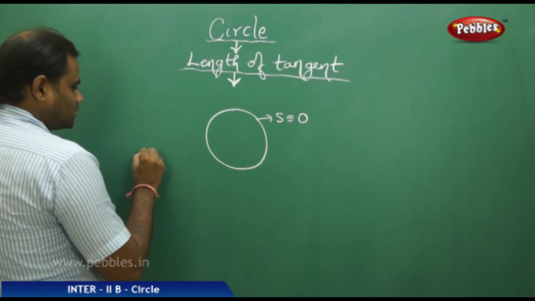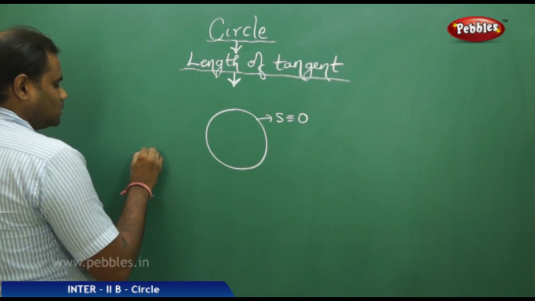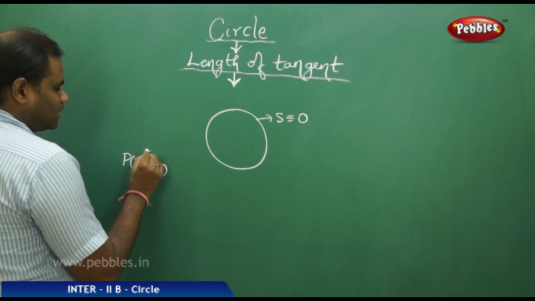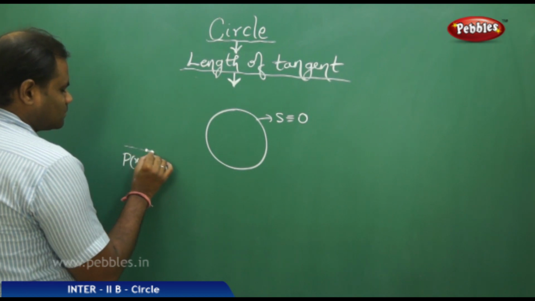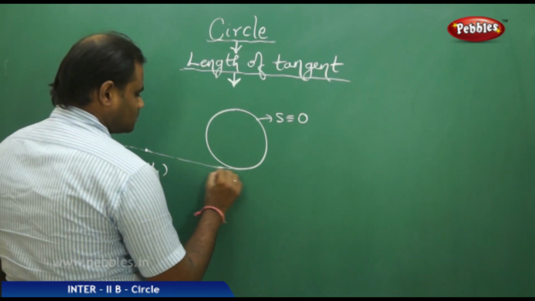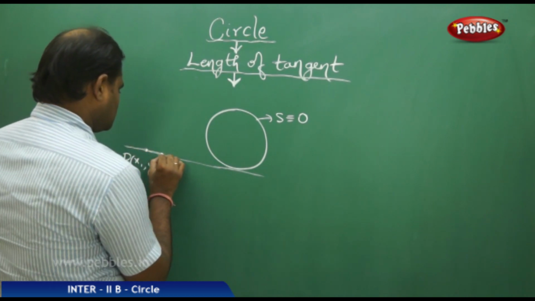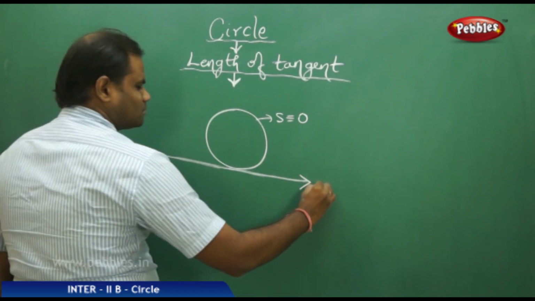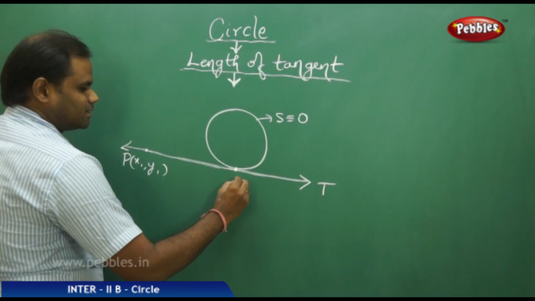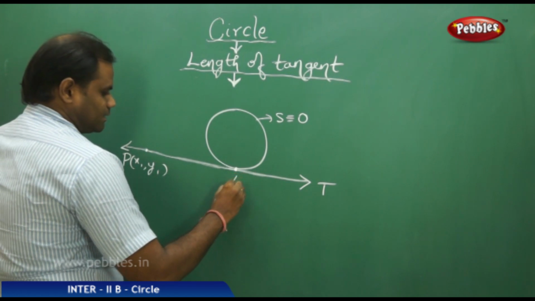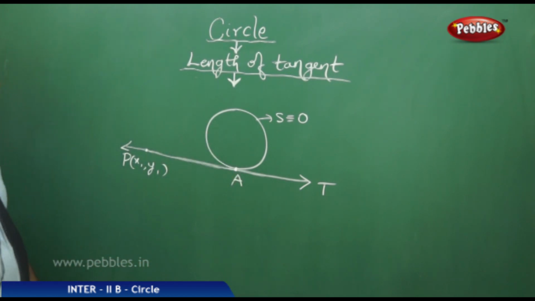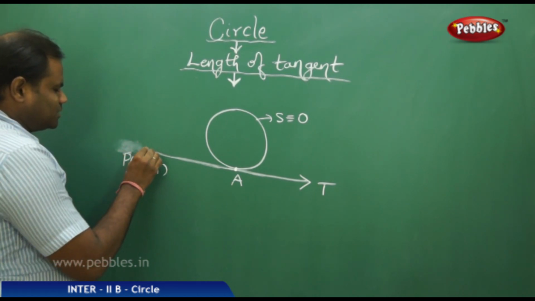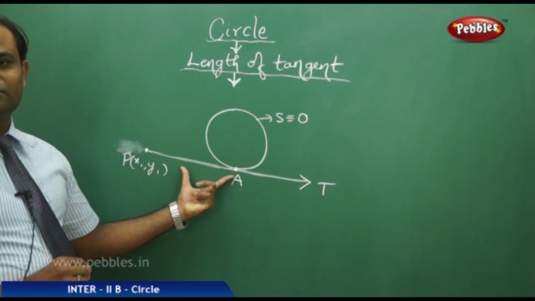For this circle, if I have a point P(x1, y1) which is outside, and I draw a tangent through P, where this cuts here at A, then the point P(x1, y1) through which I draw the tangent makes some length with the circle.